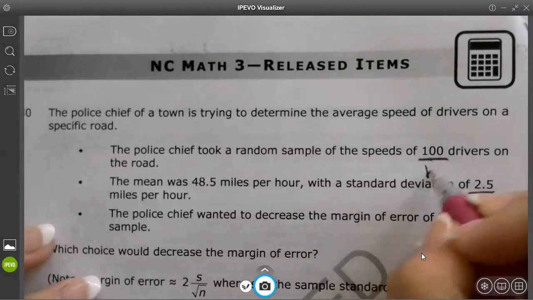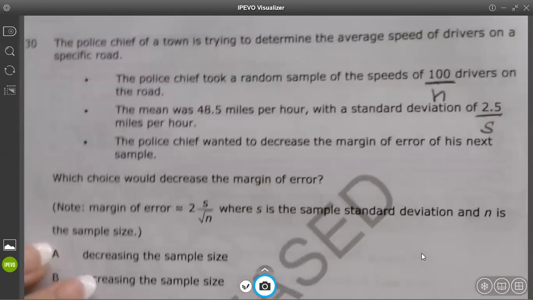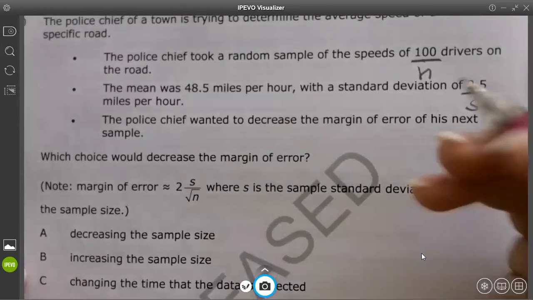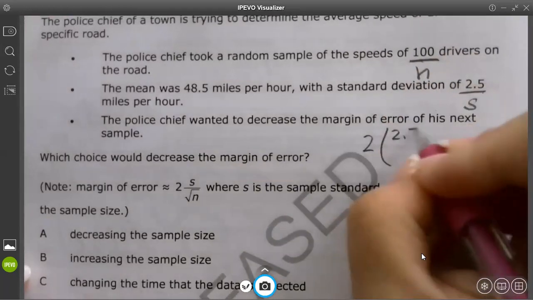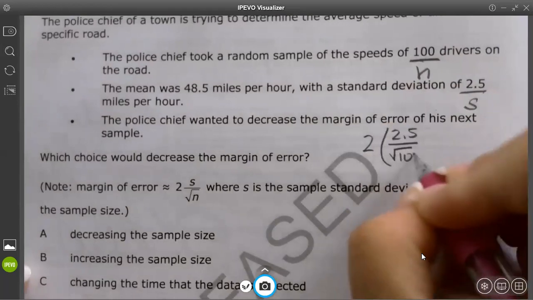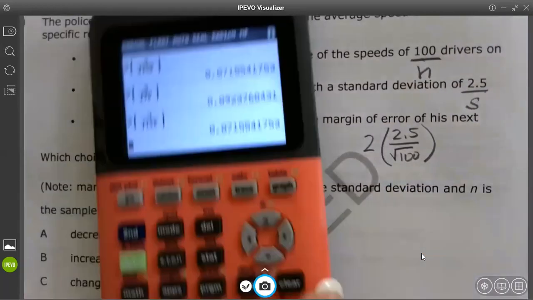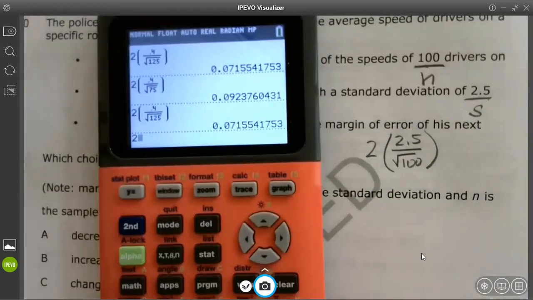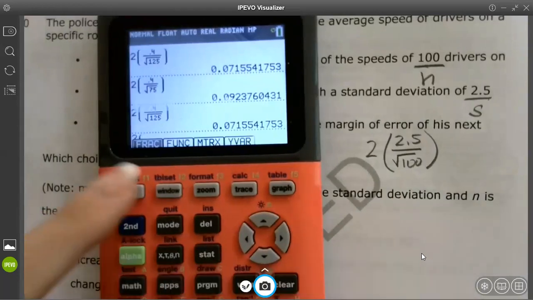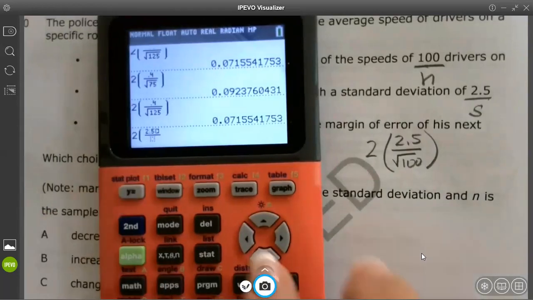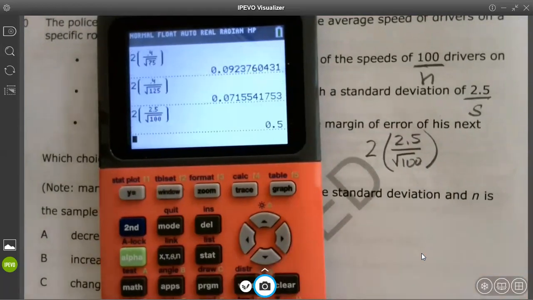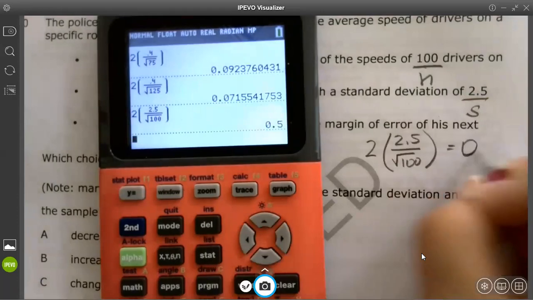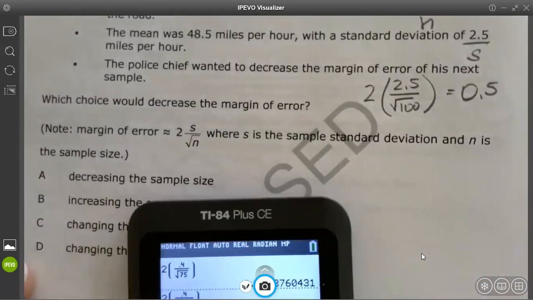So there's your N. So 2 times 2.5 over square root 100. You could have put 10 there. It doesn't matter. It gives me 0.5. So that's the one we're basing it off of.